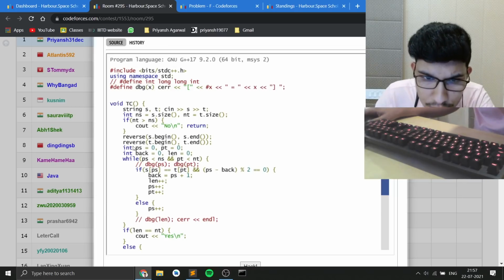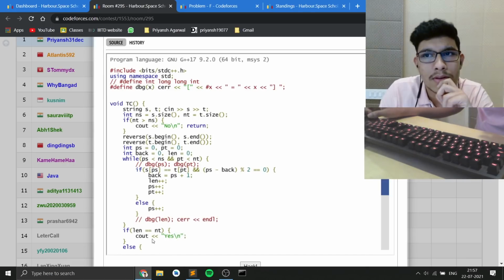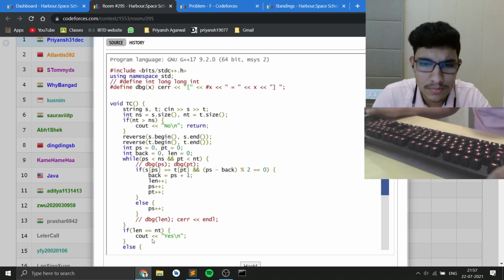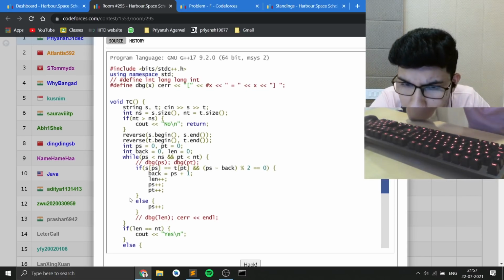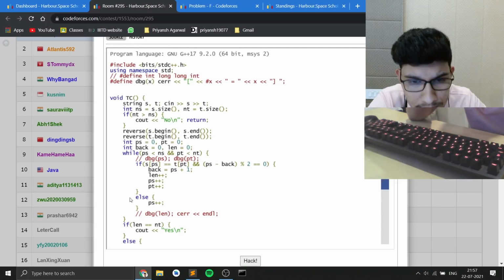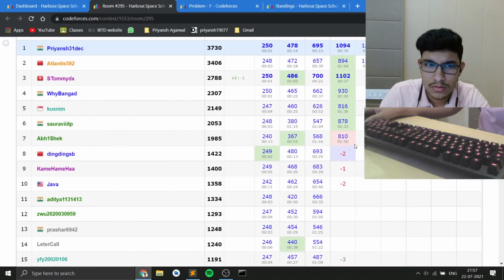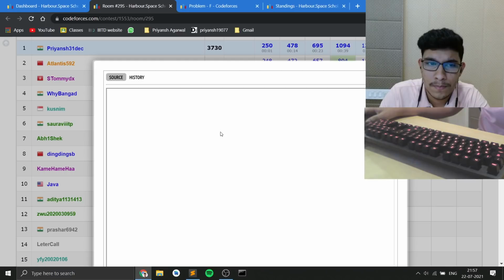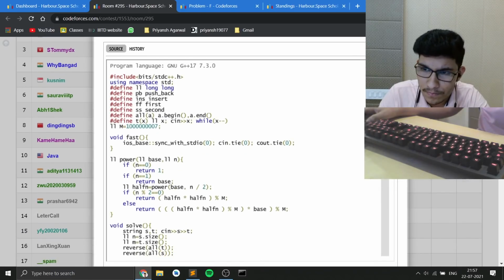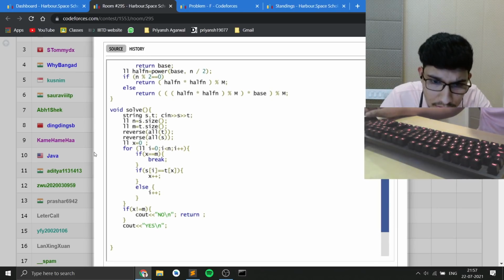Right, so he's reversed both of these strings, which is fine. I did not reverse them, but I started iterating from back, so that's also fine. And then ps minus back. Yeah, I think this is fine. Yeah, this was fine as well. This I had tested on my own, so this was fine.